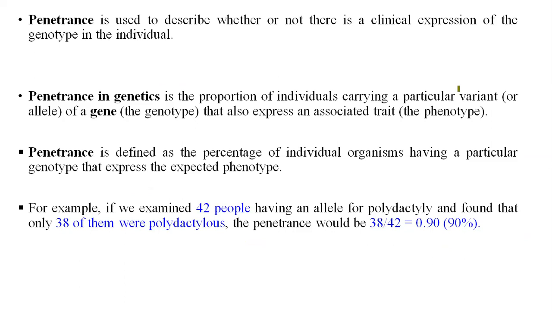So generally, penetrance is described for the clinical expression, whether or not the clinical expression of the genotype is there. So penetrance in genetics is the proportion of individuals that carry a particular variant of a gene and that express an associated trait or phenotype.